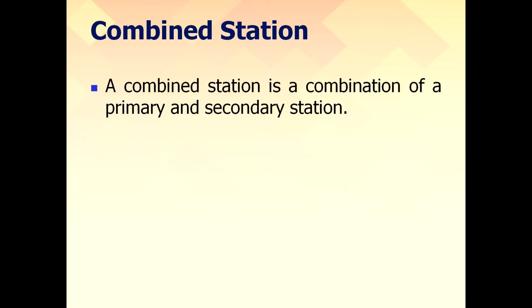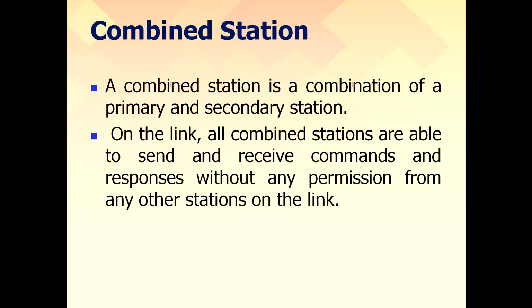A combined station is a combination of both primary and secondary station. The functionalities of the primary station and the secondary station are combined at this station. In the network, all combined stations have equal priority.